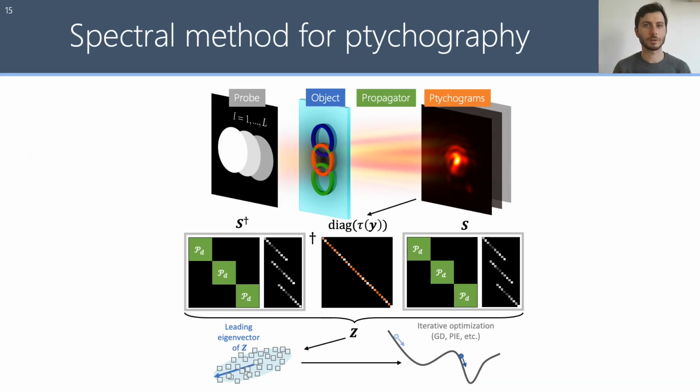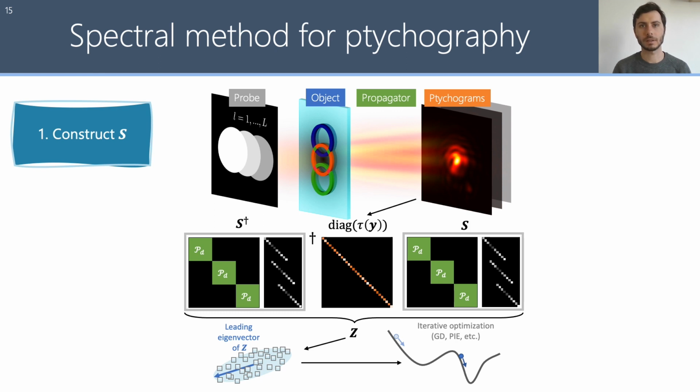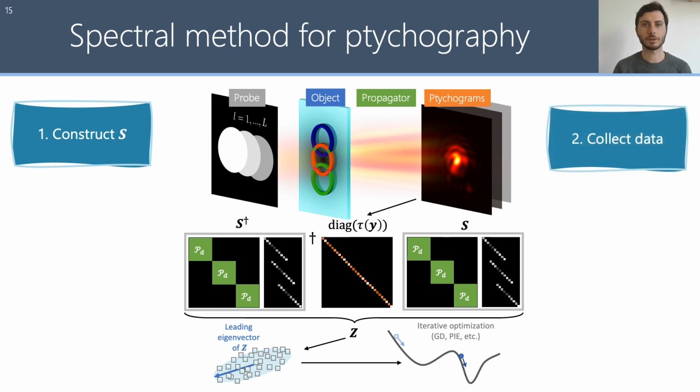Now I'm going to walk you through all the steps one by one. In practice, first we need to construct a ptychographic setup characterized by a certain probe function and a known propagation kernel bringing light from the object plane to the camera plane. These two pieces of information allow us to construct the sensing matrix S. Second, we collect the ptychograms, preprocess them, and store the results along the main diagonal of this diagonal matrix.